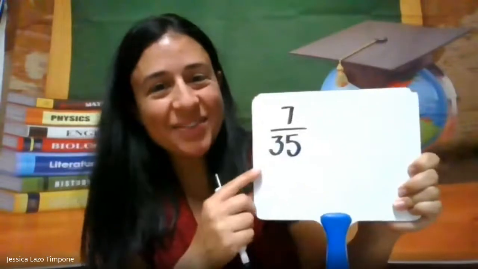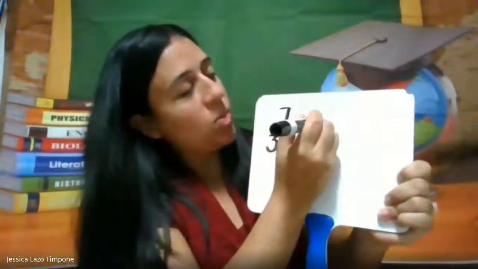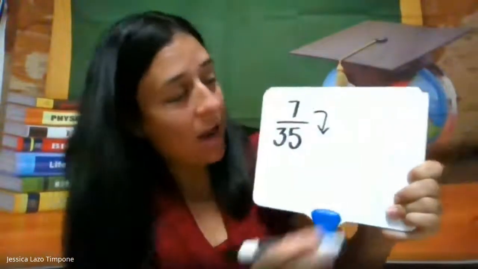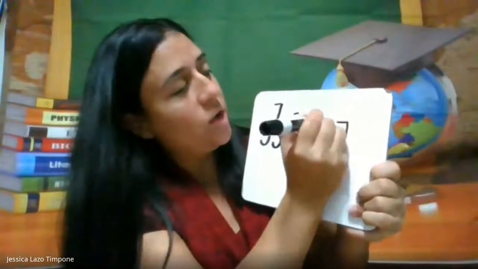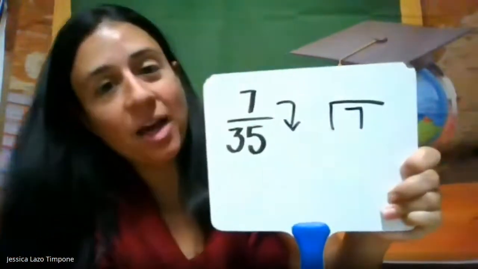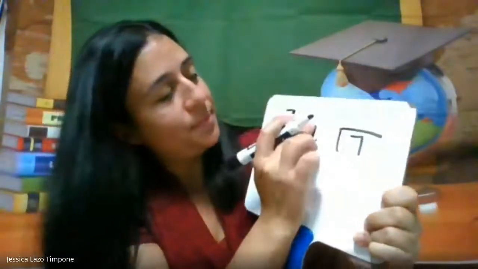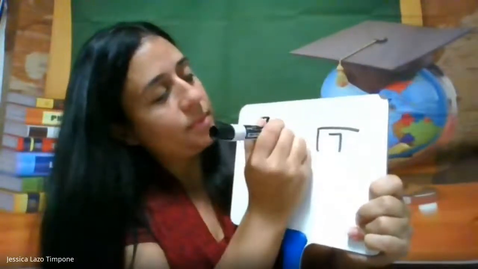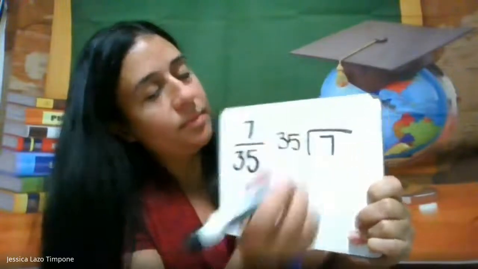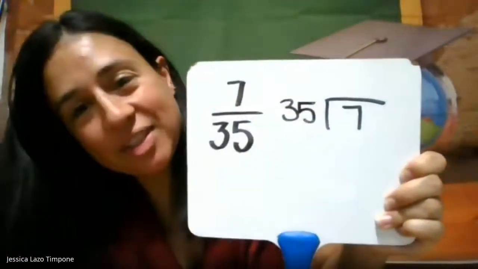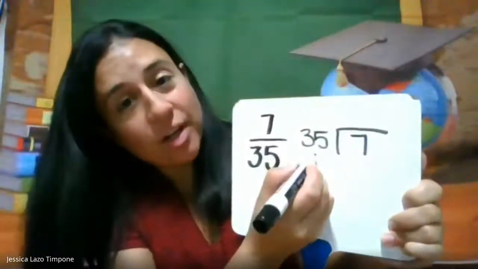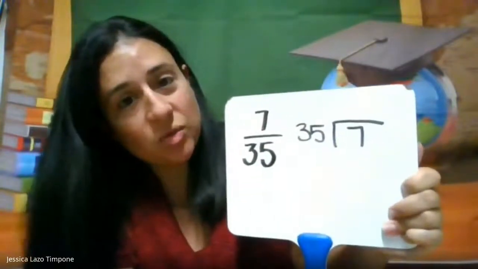All right, here's our division problem. We're going to drop the 7 in the house. So the 7 goes inside the house and the 35 goes outside. And there we have our division problem. Now 35 does not go into 7.